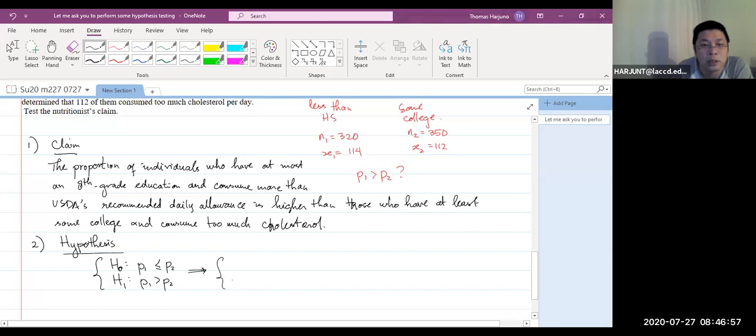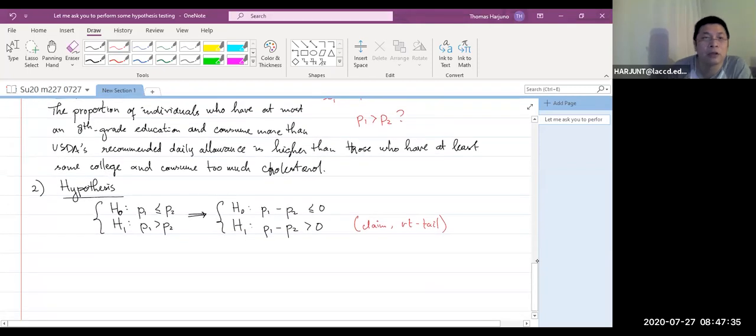I'm sorry, the alternate hypothesis is p1 minus p2 greater than 0. The null hypothesis is p1 minus p2 less than or equal to 0. The claim will be here. Again, the one that I write in red here you don't need to write, but it will be nice if you do.